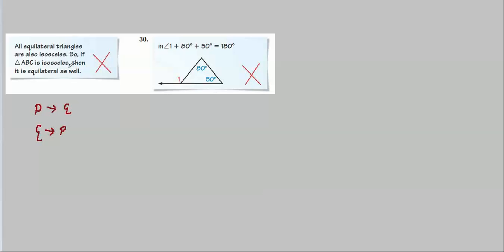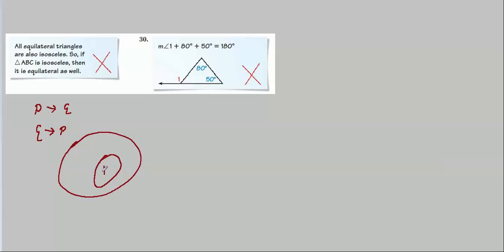After all, if we were to use our old Venn diagram, say we got all the equilateral triangles here, and then the isosceles triangles here, which are contained inside the equilateral triangles. Can we go the other way? No, not everything out here is an isosceles triangle. Everything in here is.